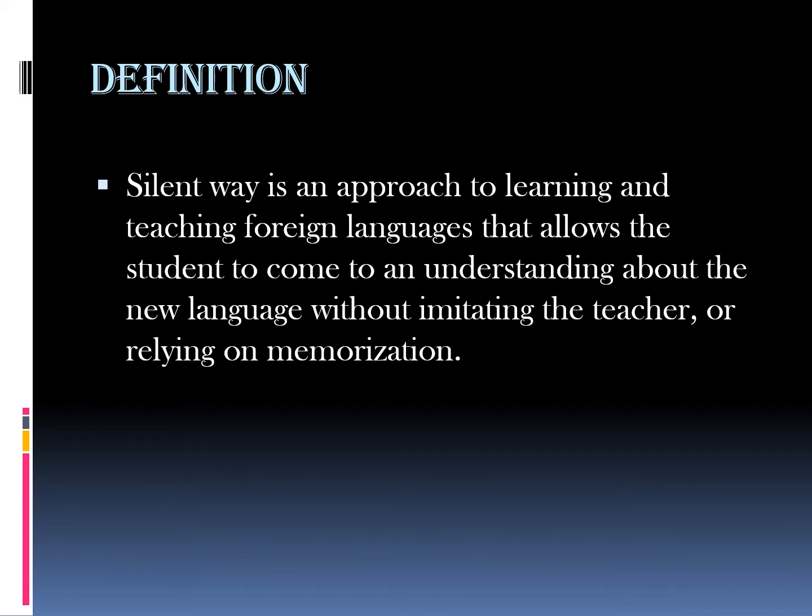Definition. Silent way is an approach to learning and teaching foreign languages that allows the student to come to an understanding about the new language without imitating the teacher or relying on memorization. In other words, this method is particularly designed to enable the students to become independent, autonomous, or responsible learners.